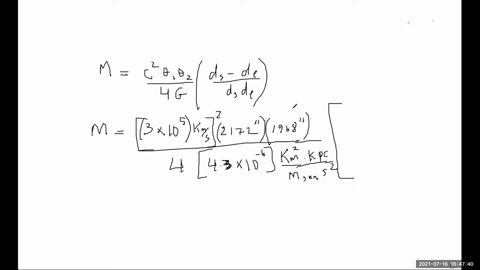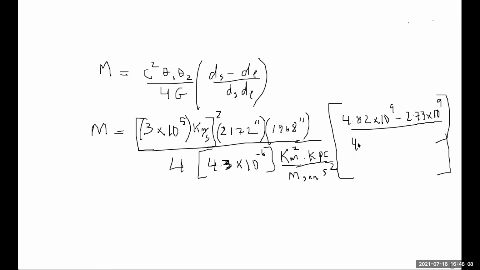So let's just say the source is 4.82 times 10 to the 9th parsec minus the lens is 2.73 times 10 to the 9th parsec. I'm just showing you as an example so you can see how the math would work.